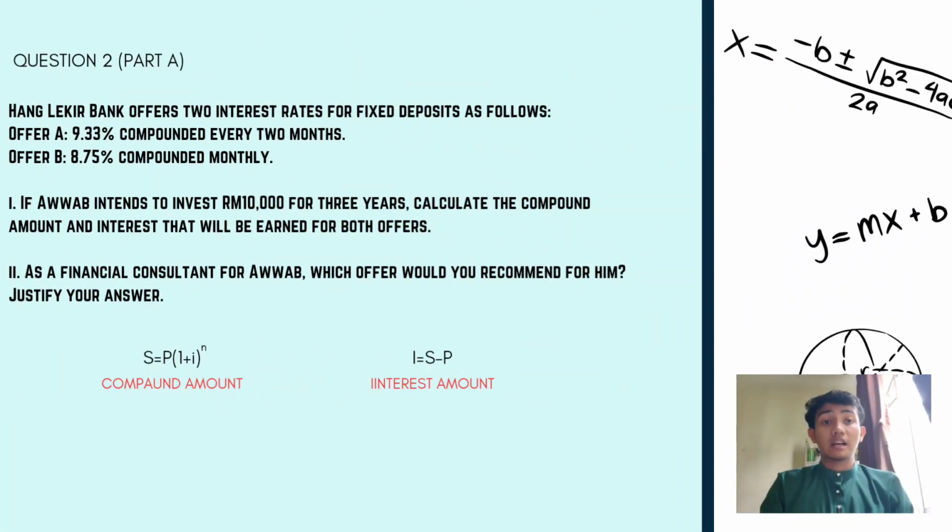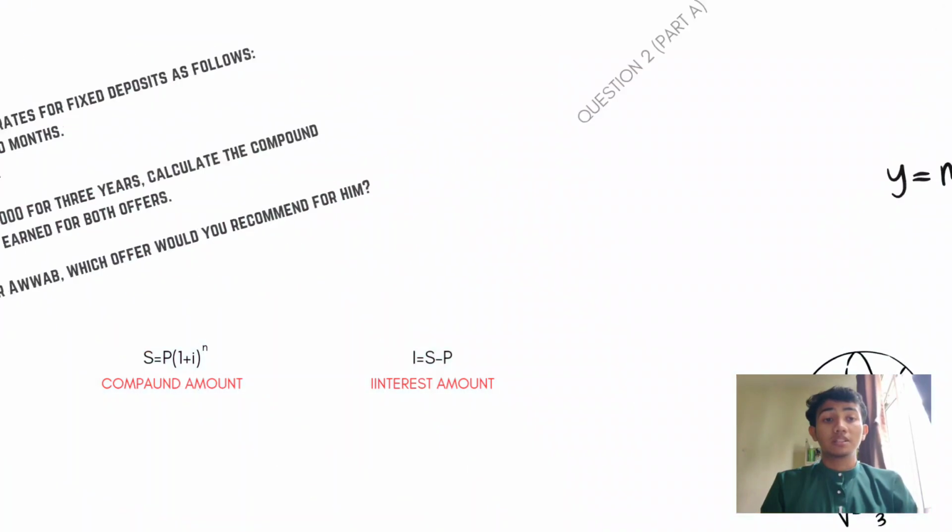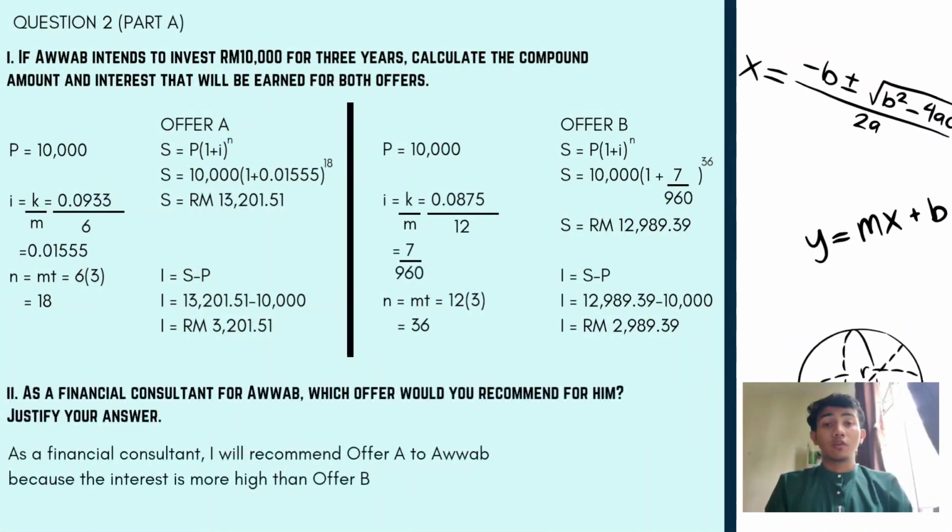For question 2, part A is Hong Leong Bank offers 2 interest rates for fixed deposit as follows: offer A 9.33% compounded every 2 months and offer B 8.75% compounded monthly. To find the compound amount for offer A, we will use the formula S equals P in brackets 1 plus I power of N. S is the future value, P is 10,000.